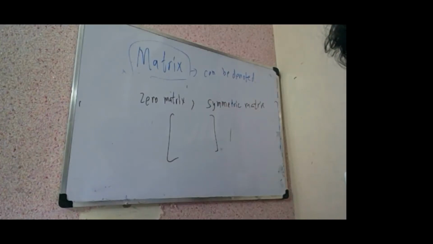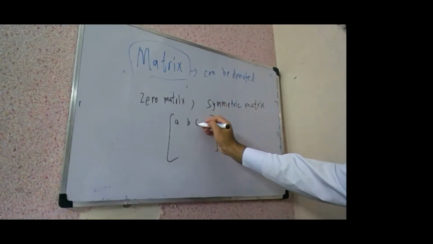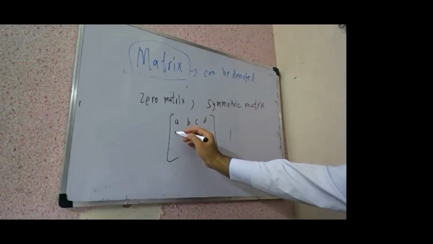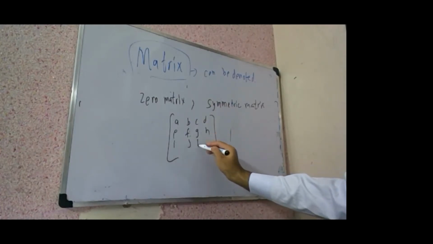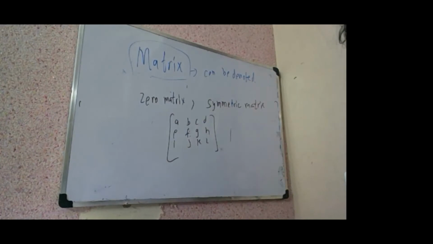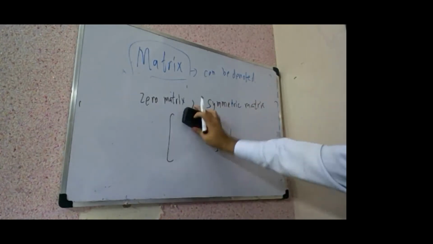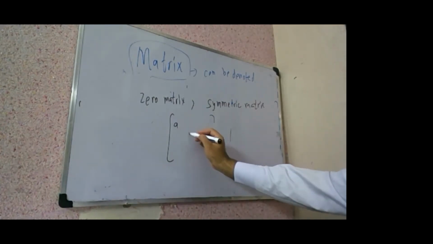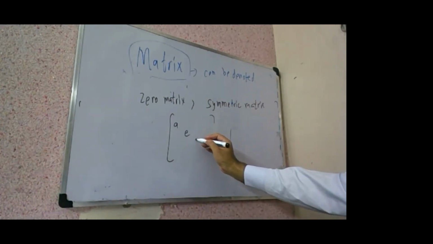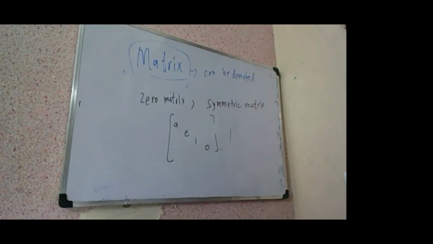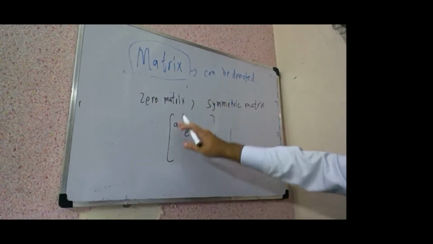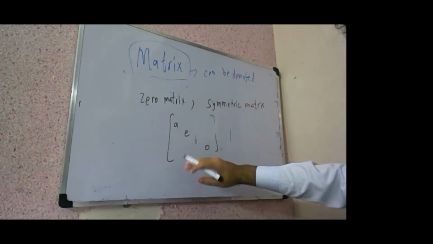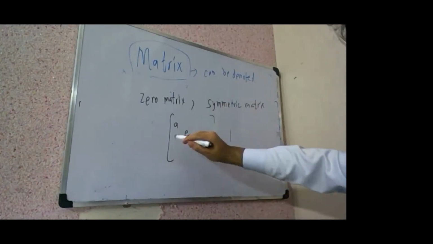For example, if I have this one, A, B, C, D, F, G, H, I, J, K, L, E, I, O and so on. I take a 4 by 4 matrix. Whatever is here, if the rows and columns are exactly the transpose of each other on the two sides of the diagonal, then it is a symmetrical matrix.